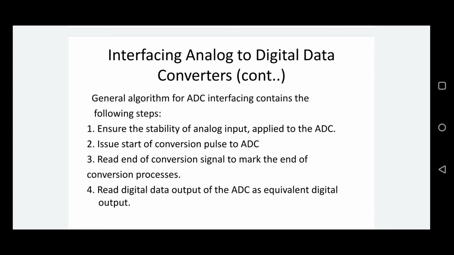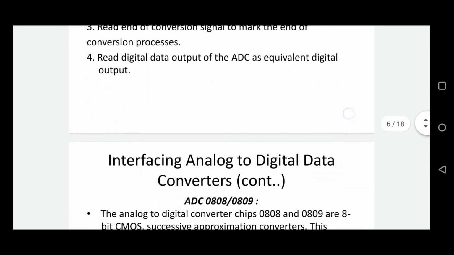Third, the ADC will give the end of conversion signal to mark the end of conversion, which denotes the conversion process is finished. Finally, the microprocessor will read the digital data output of the ADC as the equivalent digital output. These are the general algorithm for ADC interfacing with the 8086 microprocessor.